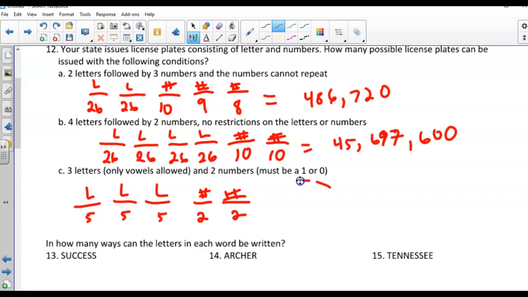So that's only 2 options for numbers. So it's 5 times 5 times 5 times 2 times 2. That's going to be 500. By the way, guys, you're multiplying these numbers, if you haven't caught that by now. You multiply all these numbers.